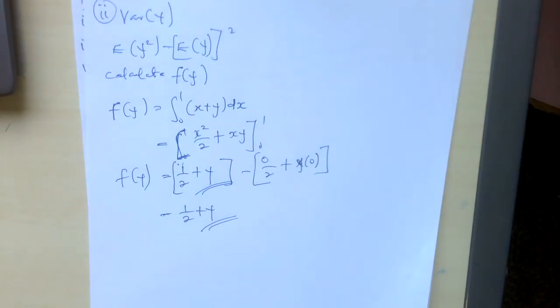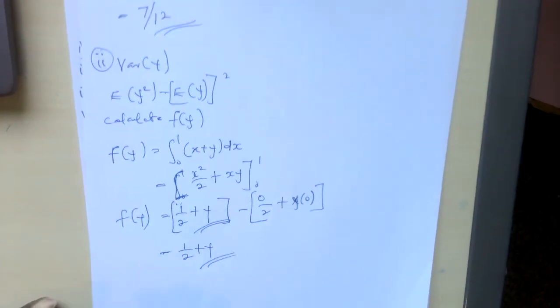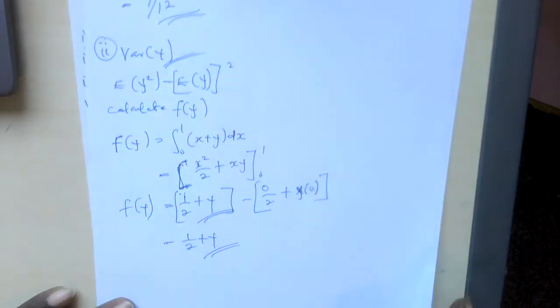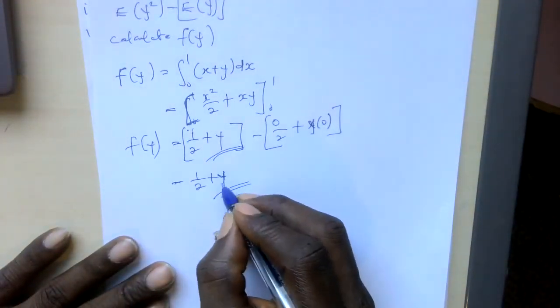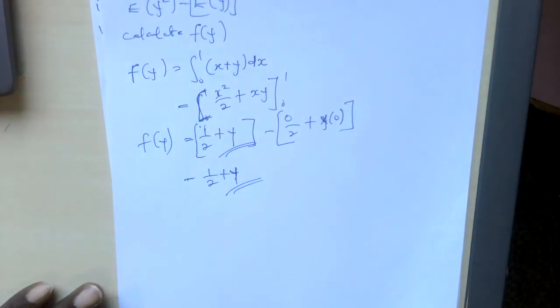So with the PDF of y, you can now move on to solve for the variance of y as required. We need to find the expected value of y squared and also the expected value of y all squared.